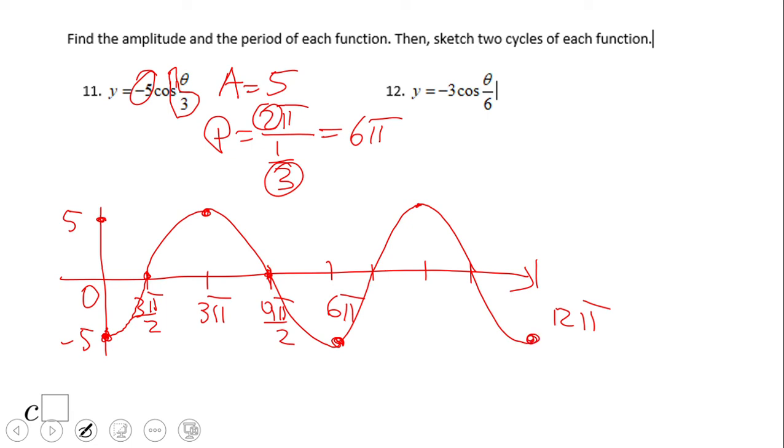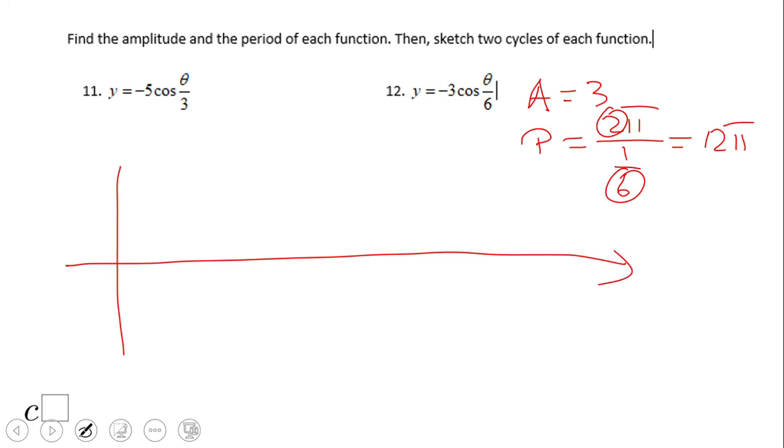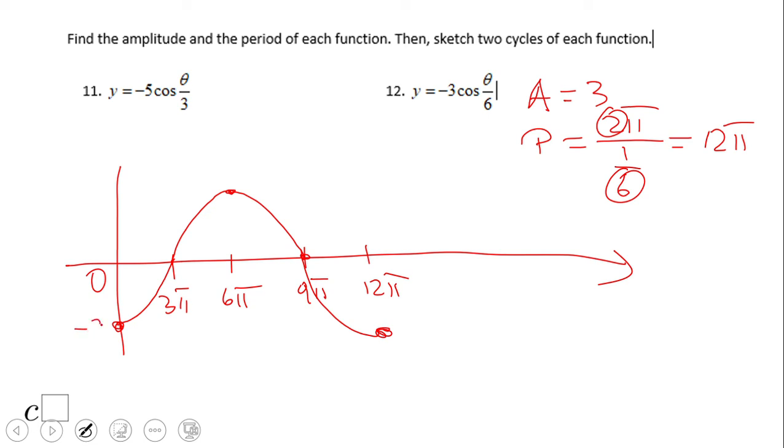Pause this video clip and try number 12. If you have something like that for number 12, you did a wonderful job.